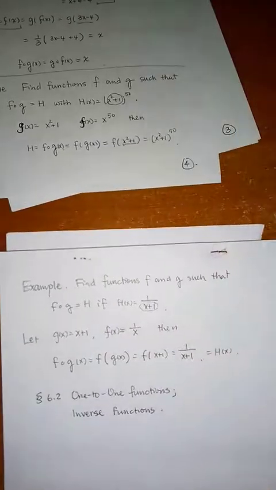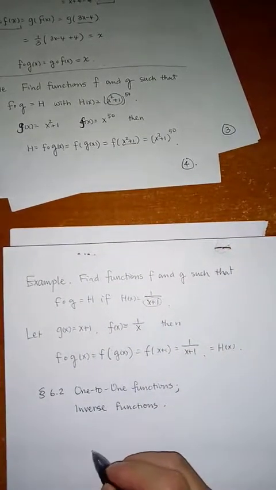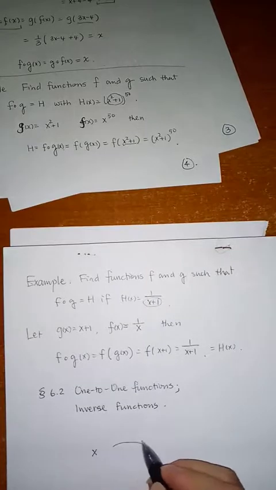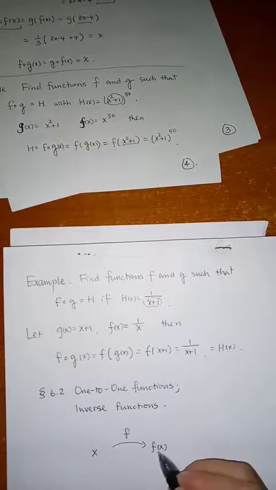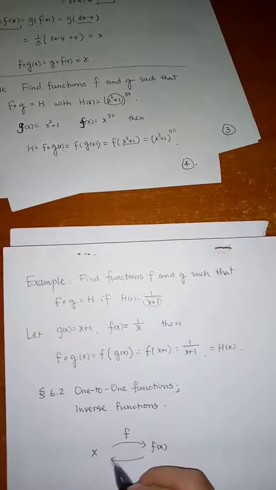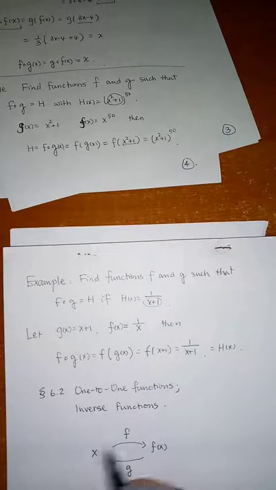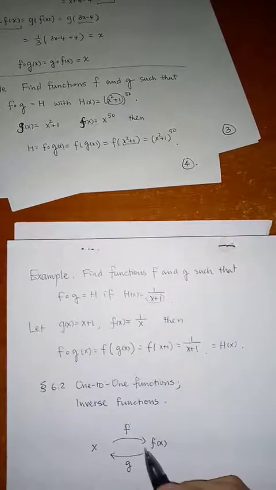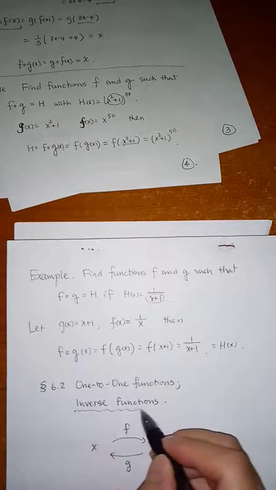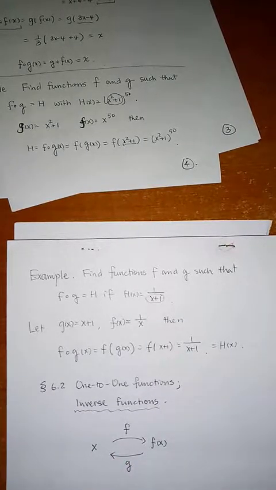Okay. So what does this mean? This means you first have an x, then you apply f, you get f(x), and from f you apply g, you get back to x. So it's like back and forth operations. Okay, so this is the idea of the inverse functions.